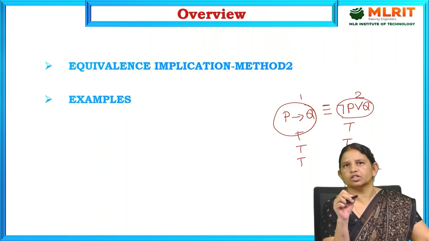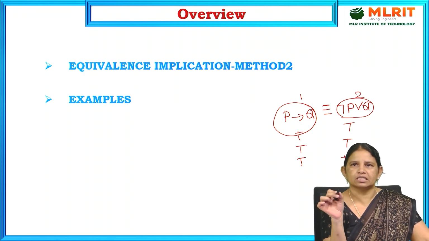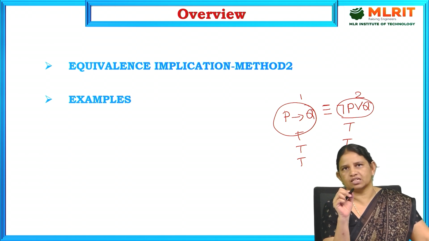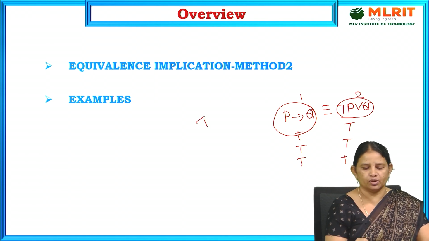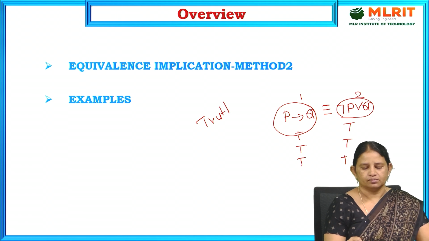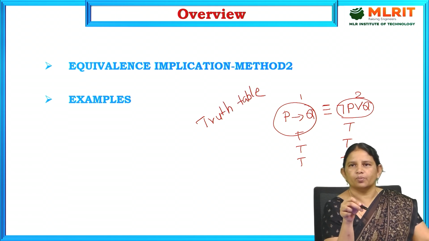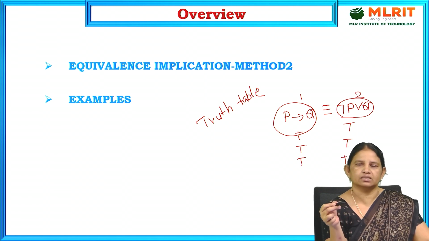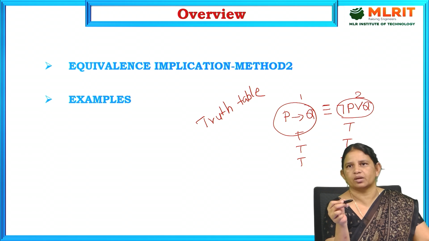There are two methods to find whether two propositions are equivalent or not. The first method, already discussed in the previous lecture, is called the truth table method. In the truth table method, we apply connectives like conjunction, disjunction, implication, biconditional, conditional statement or negation.